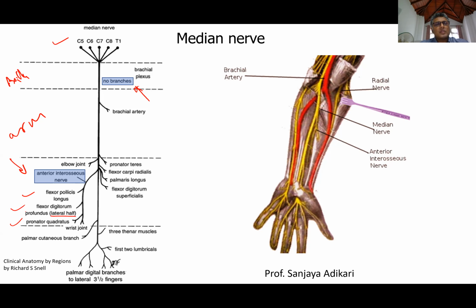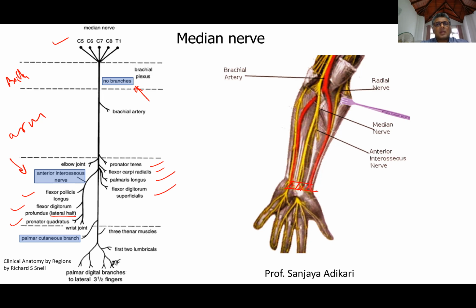Then the main trunk of the median nerve will supply the superficial layer of muscles in the anterior compartment, like flexor carpi radialis, palmaris longus, flexor digitorum superficialis, and so on, with the pronator teres at the beginning. These are the points that I wanted to raise, and then the palmar cutaneous branch, which is an important branch because it's given off proximal to the flexor retinaculum of the forearm.